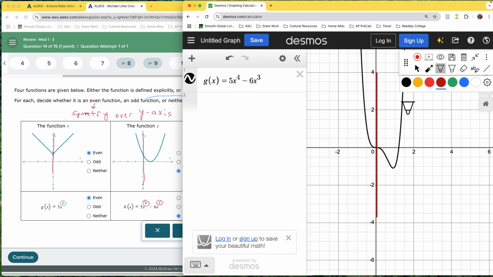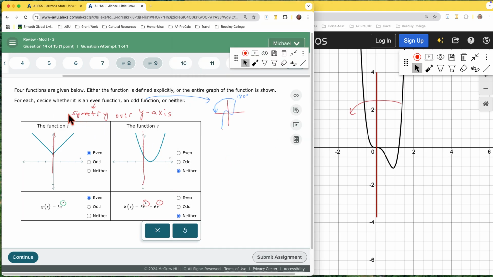And then also, if you were to spin this thing, you could kind of see it's not going to land on itself. It'll be upside down. It doesn't have odd symmetry. It doesn't have even symmetry. It's got neither. Okay, no symmetries. So that's how we take a look at even and odd functions, either the graph or the function values.